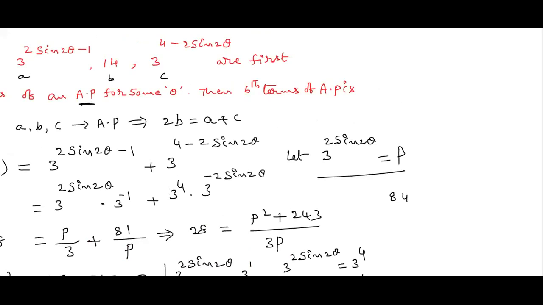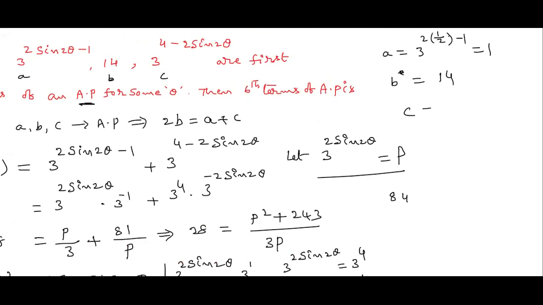Substitute sine 2 theta as 1 by 2. Then what do we get for the first term A? 3 power 2 into 1 by 2 minus 1, that is 3 power 0, which is 1. Then B, we already know, is 14.